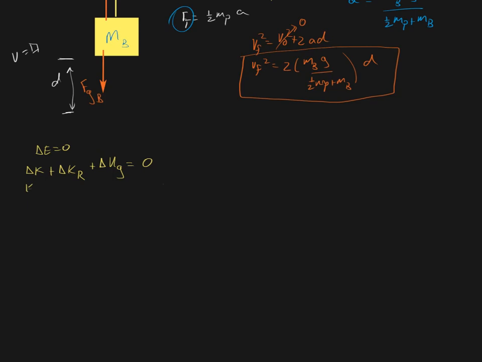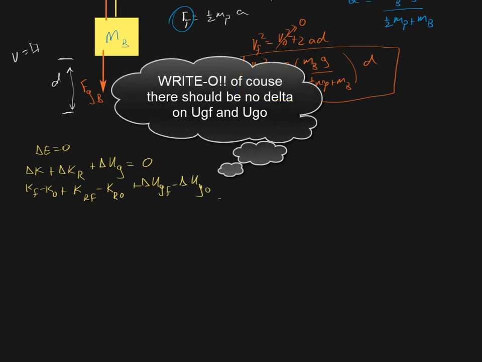So we have K final minus K initial plus K rotational final minus K rotational initial plus delta UG final minus delta UG initial. And remember that this here corresponds to the block.